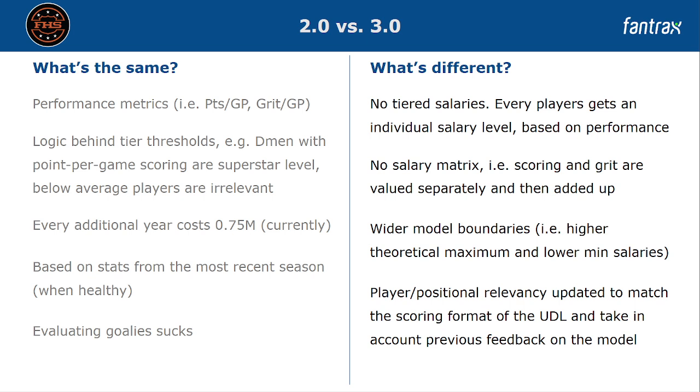And the last thing is actually not much different, it's basically in the middle, because the logic is still the same, that we update annually the stats and the relevancy of the tiers, or thresholds, or milestones, whatever you call them.